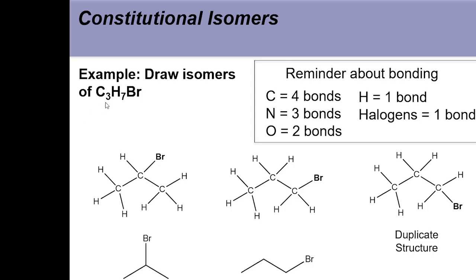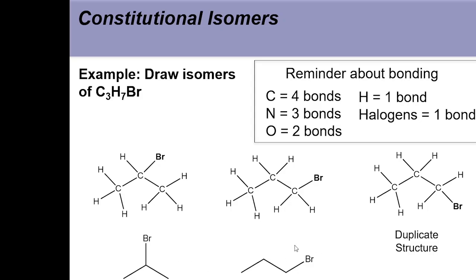So for example, when you have 3 carbons, 7 hydrogens, and 1 bromine, you can have 3 carbons in a row, with the bromine replacing one of the hydrogens on the carbon in the middle, or you can have the bromine bonded to the carbon at the end. They both give you a similar line structure with a propane chain, but with a bromine on different carbons.